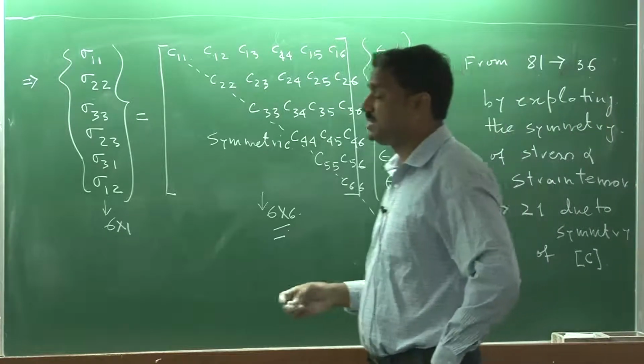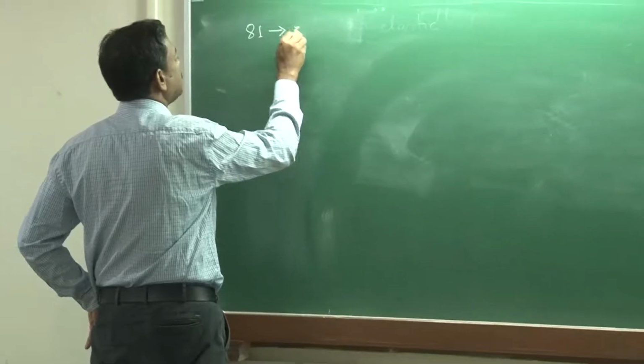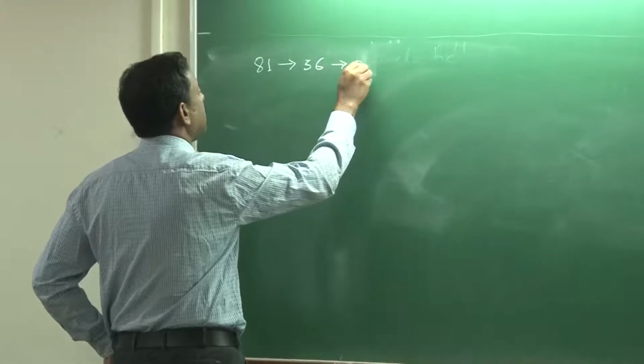The constitutive matrix must be symmetric. Okay. So, you see how we keep on reducing the coefficients from 81 to 36 to 21.